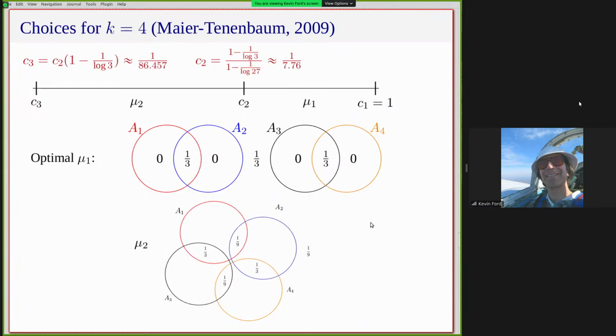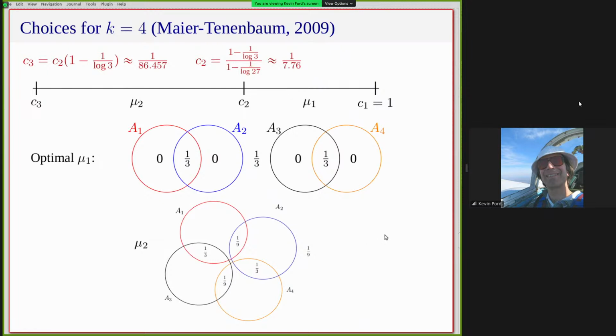Now, what they did is they produced two close divisors from mu2 using the 1/3, 1/3 pieces, and then another pair coming from here and from here, and then glued them together in all possible ways to get 4. Okay.